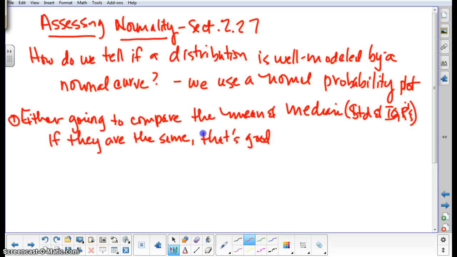If they're very different, then you probably don't have a good normal curve.